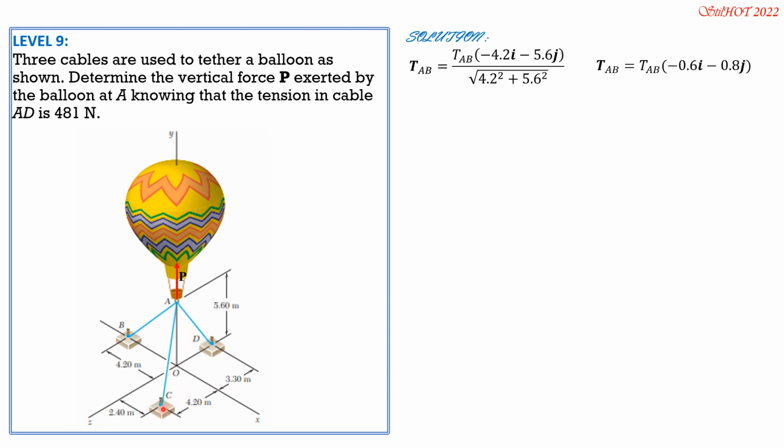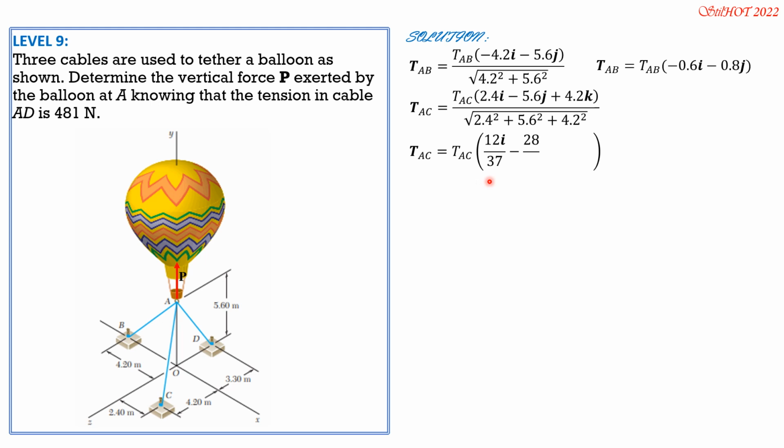Tension AC in vector form is the magnitude of tension AC times quantity 2.4 i, negative 5.6 j, then positive 4.2 k over square root of 2.4 squared plus 5.6 squared plus 4.2 squared. Simplifying, tension AC is the magnitude of tension AC times 12 over 37 i minus 28 over 37 j plus 21 over 37 k.